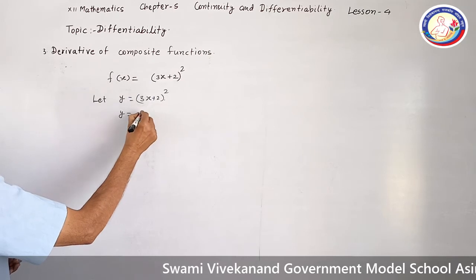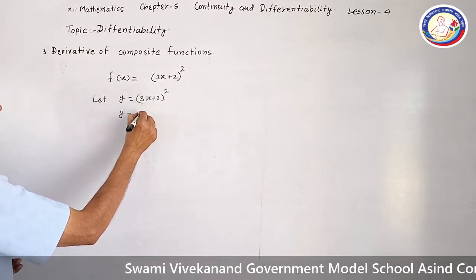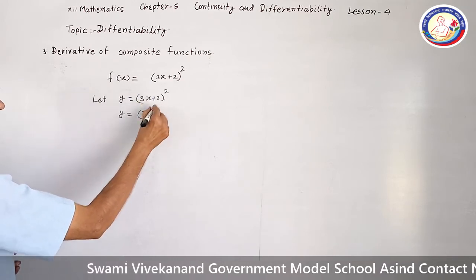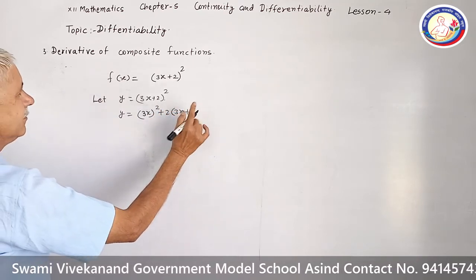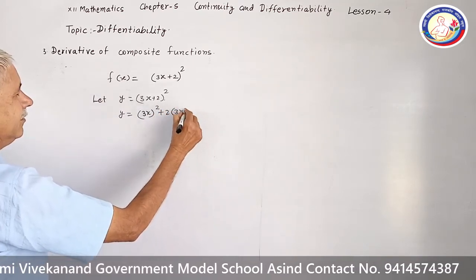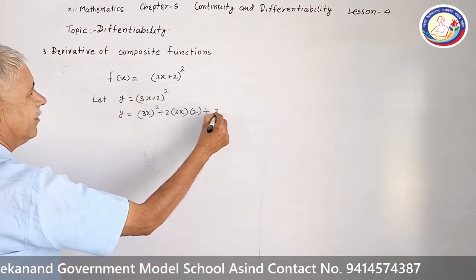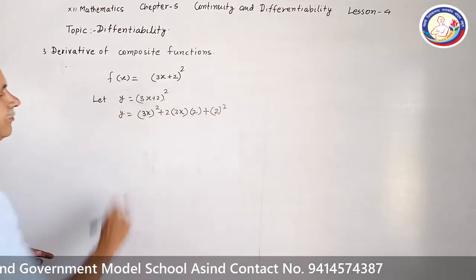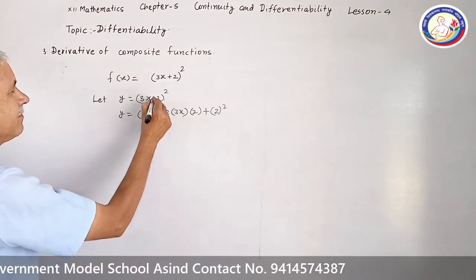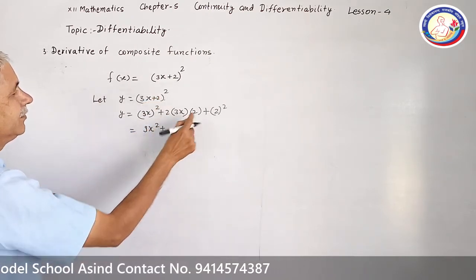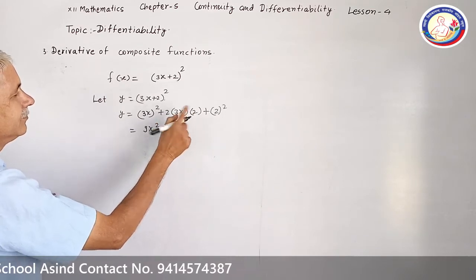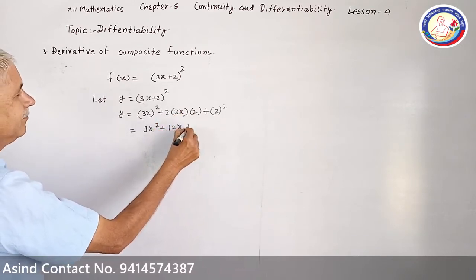Simplify this: (3x) whole square plus 2 into 3x into 2 plus square of 2, simply using the whole square formula. Now it is 9x square plus 2 into 3 into 2, that is 12x, plus 4.